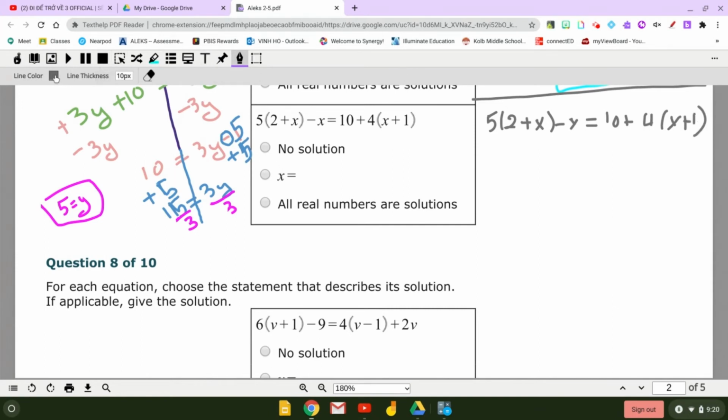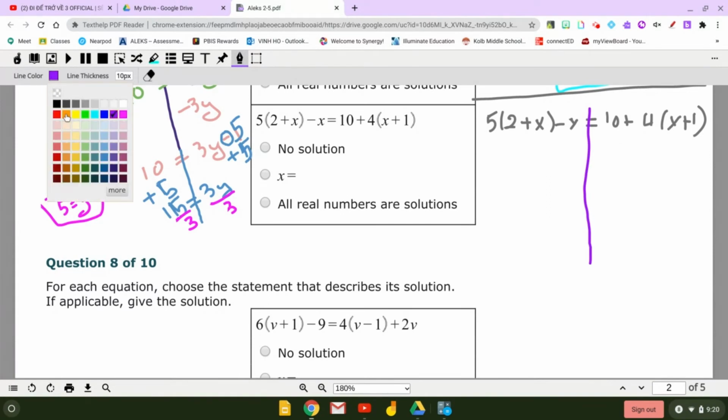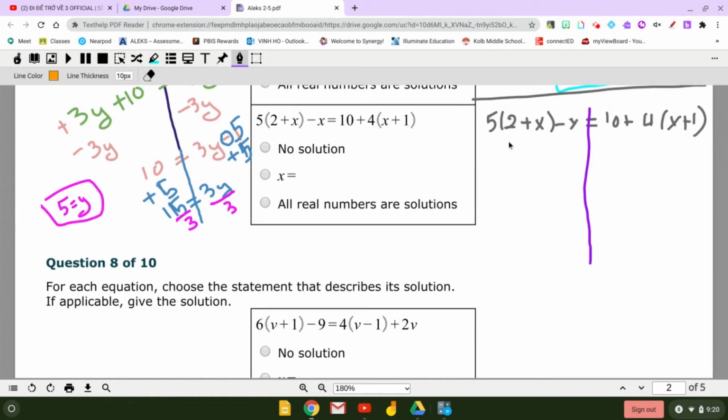All right, step 1, we have to draw the line. Step 2, you have to distribute the number in front of the parentheses. If you follow along with all the explanation, you will see that there are a lot of steps repeated. 10 plus 5x minus x equals 10 plus 4x plus 4.